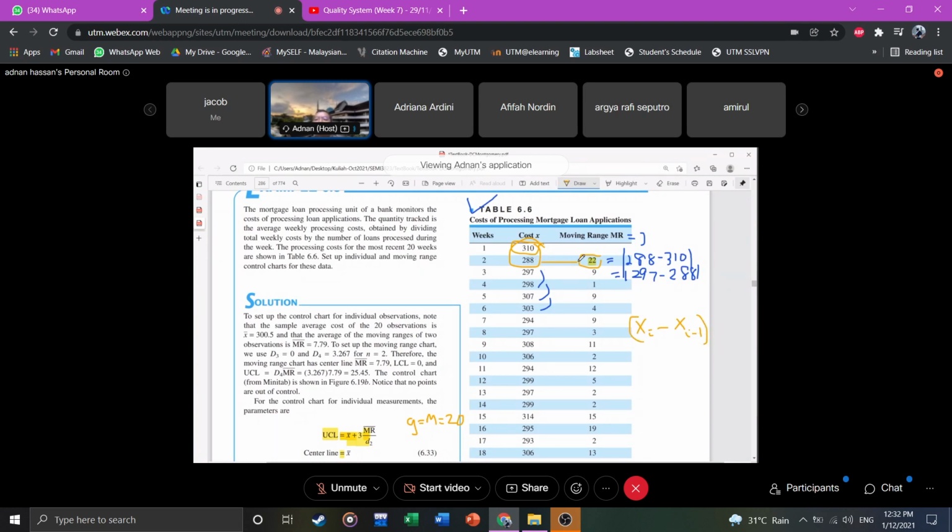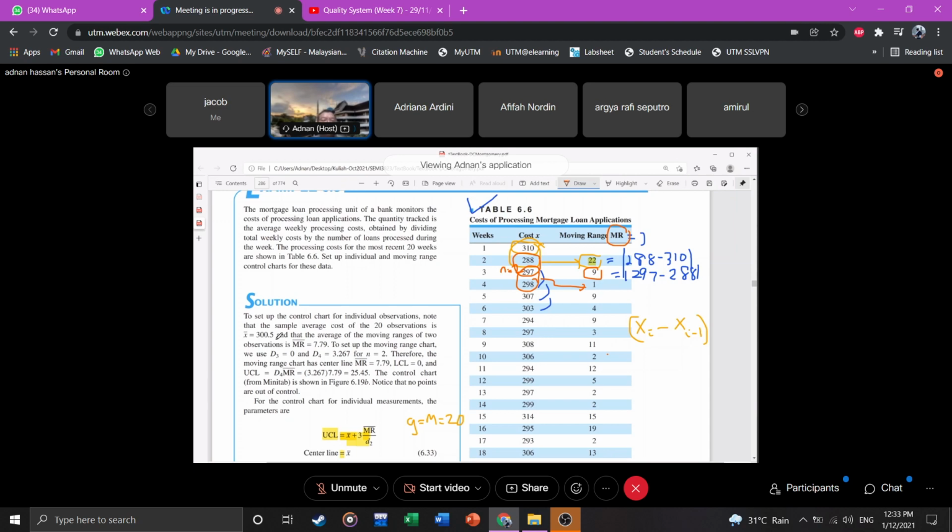So the difference is 22. The next one, you are taking the next value, which is 288. So the n is going down like this. The n for the purpose of constructing the chart. Don't confuse the n you take the sample with the n that you use for constructing the chart. This is two values. The difference of this is 9. The difference of this and the next one is 1. So this is what we call MR, moving range.